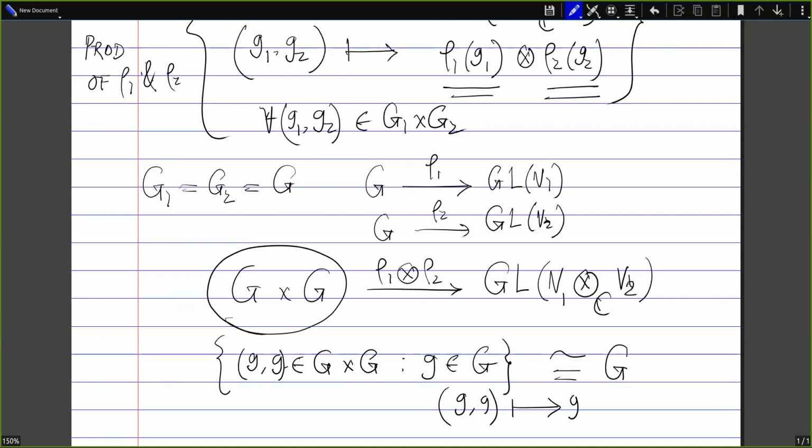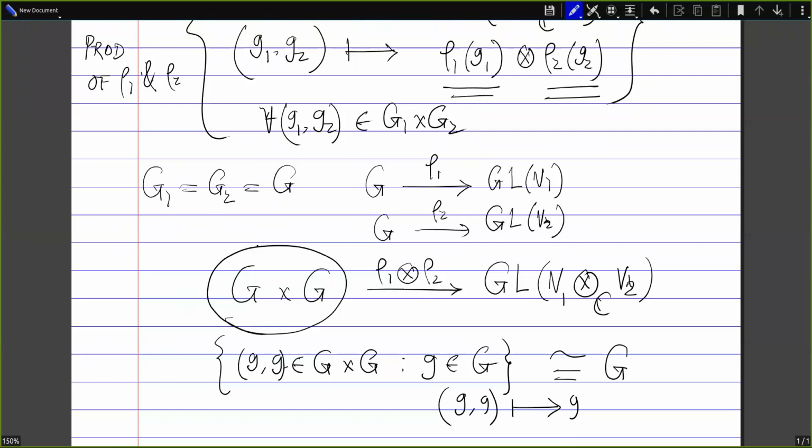So since this is isomorphic to G, we can identify the diagonal subgroup with G by this map. That is, we may identify G with the pair (g, g).